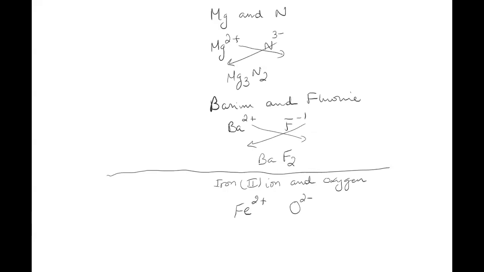The idea here is that the iron is going to give 2 electrons, and the oxygen is willing to take both of these 2 electrons. So really, 1 atom of iron is going to give up 2 electrons, 1 atom of oxygen is going to take 2 electrons, and they're going to combine together. So we don't write Fe2O2, we just write FeO, right?